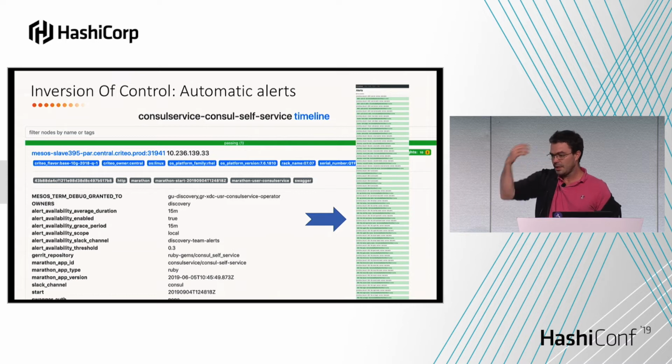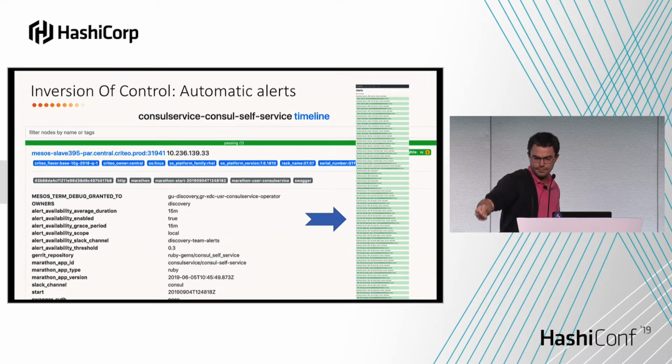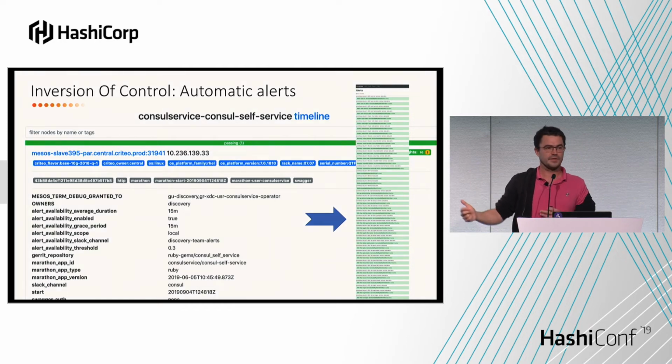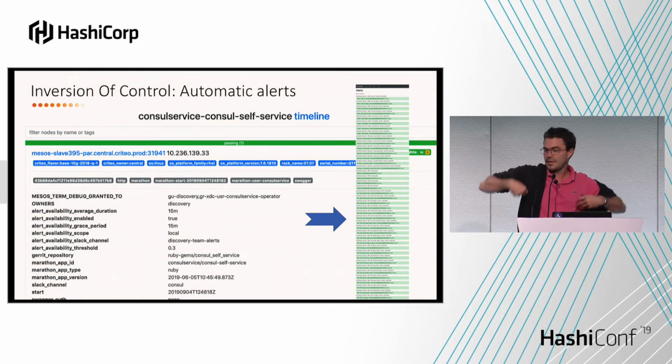Another example, here on this service, you see that many keys start with alert something. So we can make decisions if those values are missing. For instance, I can say, oh, by default, if the application is less than 30% availability, page the guy. But everybody in the company is able to tune this to get their specific value.